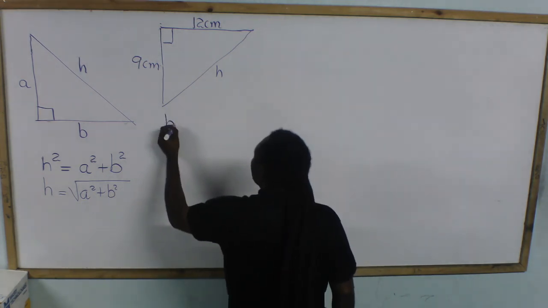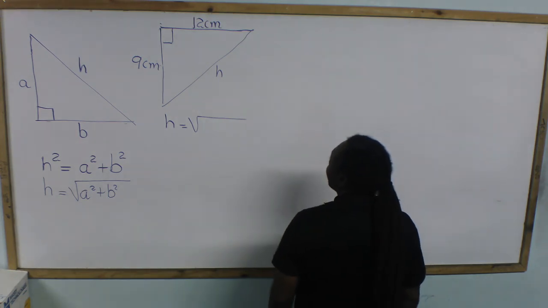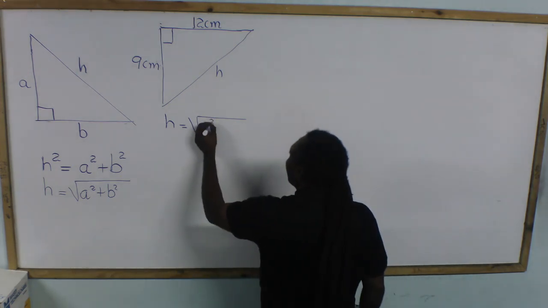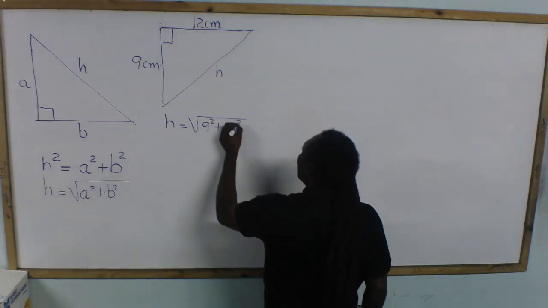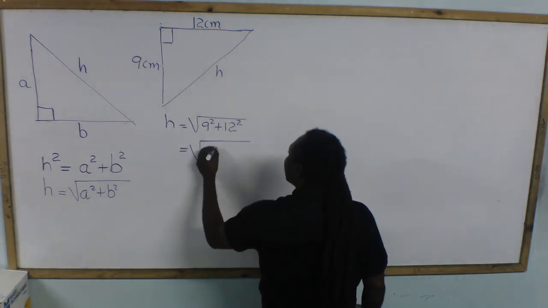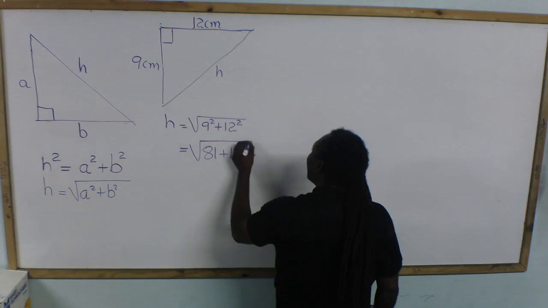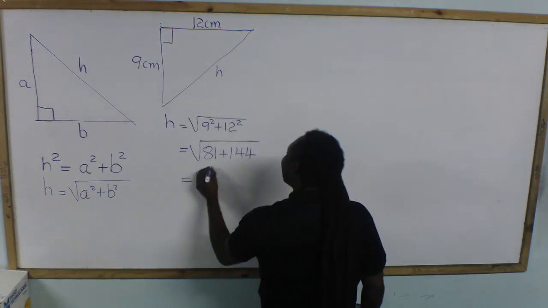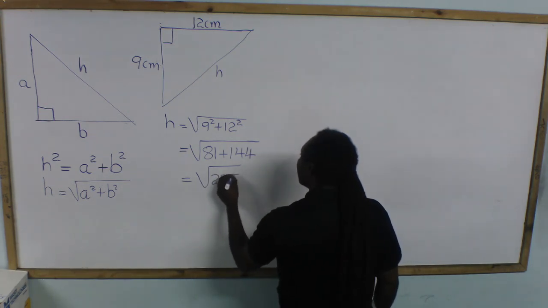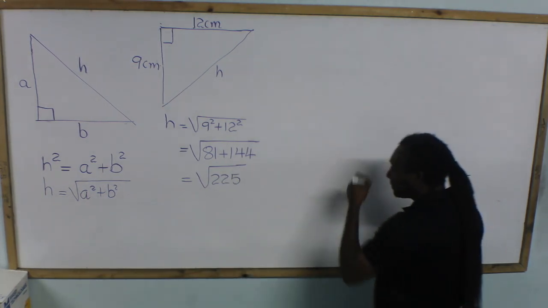So what do we say? H is equal to the square root of 9 squared plus 12 squared, which is equal to the square root of, when we square 9 we get, when we square 12 we get, when we add them we get. Is that correct? Yes, sir.